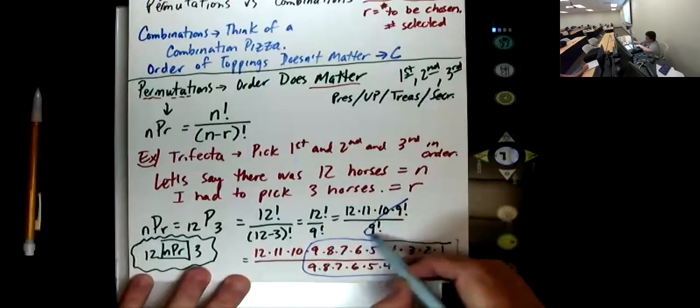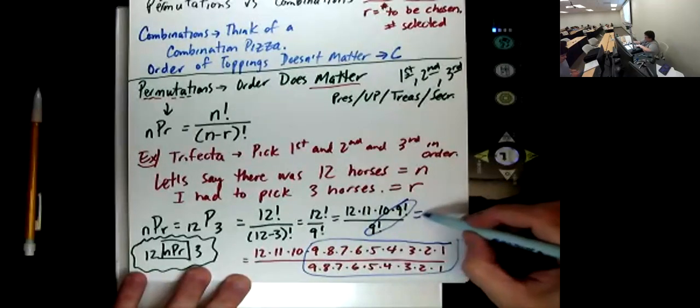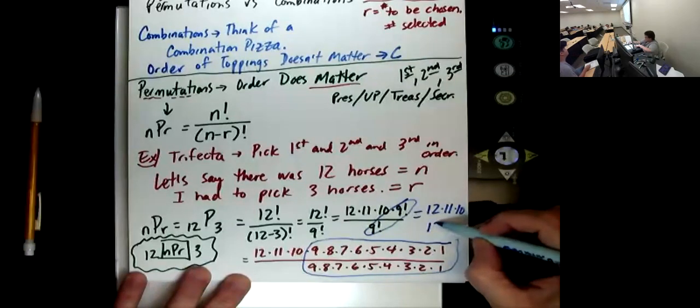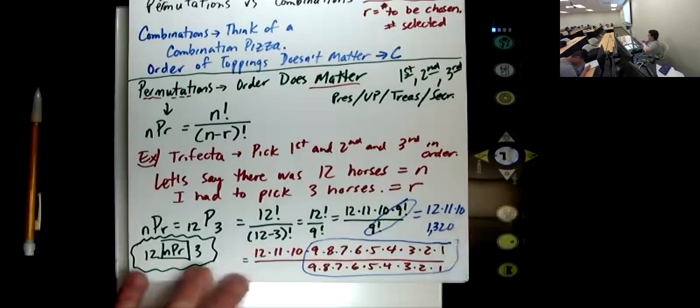That cancels out right there. You're left with 12 times 11 times 10, which is 1,320. There are 1,320 ways to pick the trifecta if there are 12 horses. I don't remember if they had 12 horses. I'm giving an example. I want to say it was 12, might have been 10.